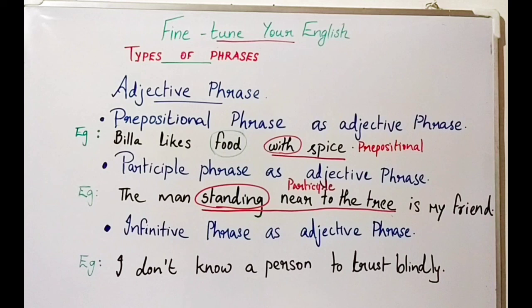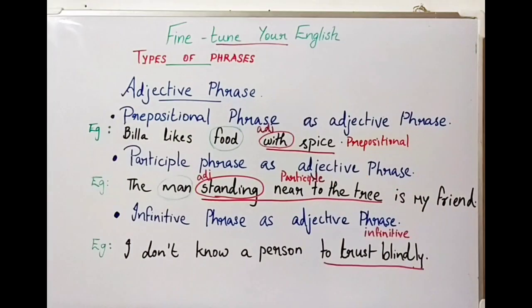And we can understand standing near to the tree explains something more about the man. So a group of words which explain something more about the noun is said to be an adjective. So here standing near to the tree explains more about man and it is an adjective phrase too.